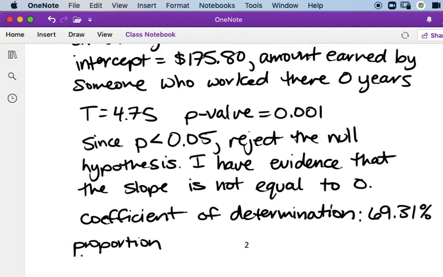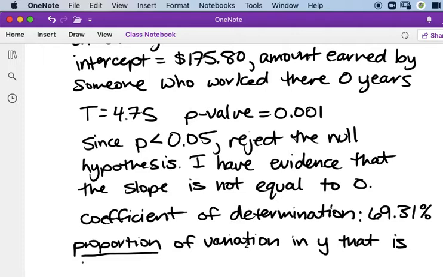I'm going to underline that because you're going to need that word in the homework. It's the proportion of variation in Y, whatever the Y is. In this case, it would be the proportion of variation in the amount of sales that is due to the variation in the amount of years worked. For the homework, you're going to want to write that as a decimal, so it would be 0.693.